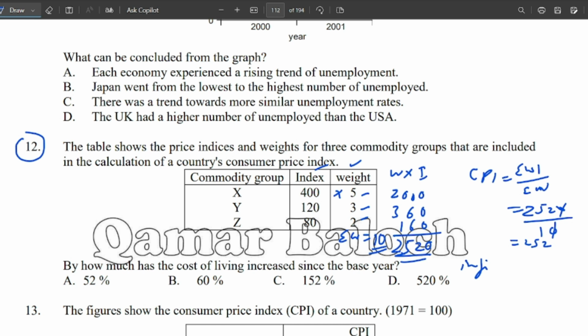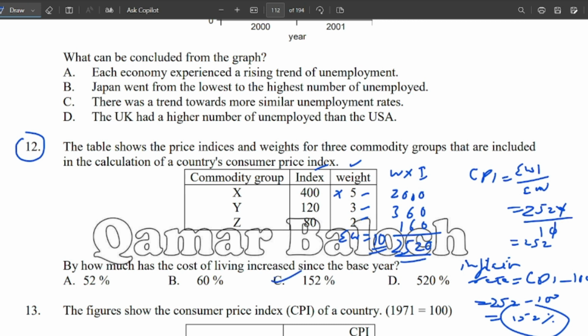And to find out inflation rate, focus on my voice instead of writing, so you will understand it better. CPI minus 100, CPI is 252 minus 100 is equal to 152%. So it means the correct answer will be option C.